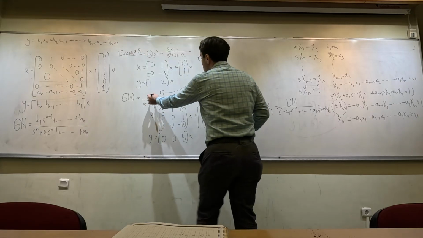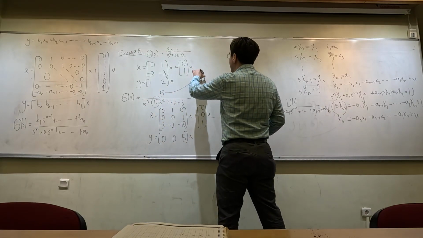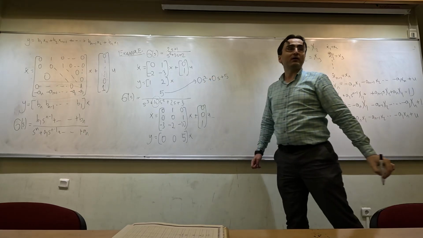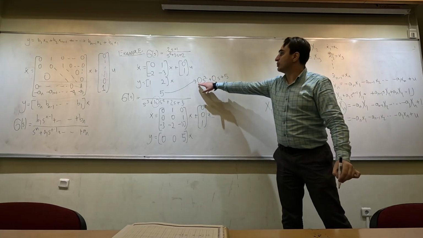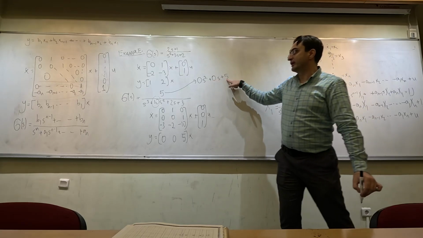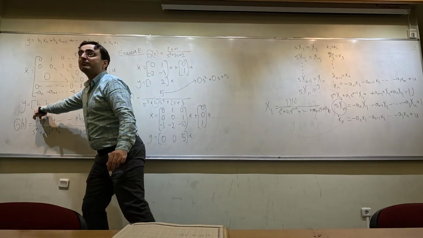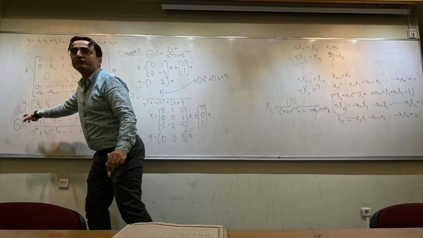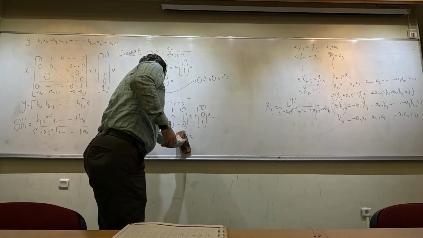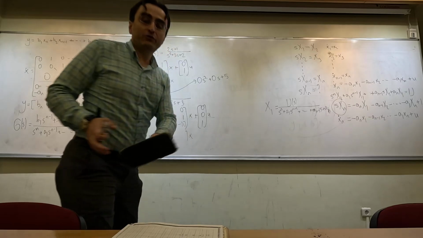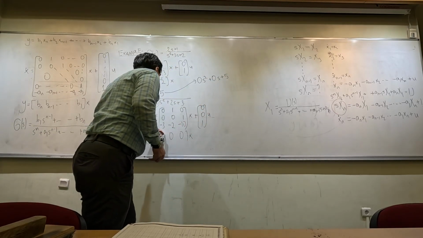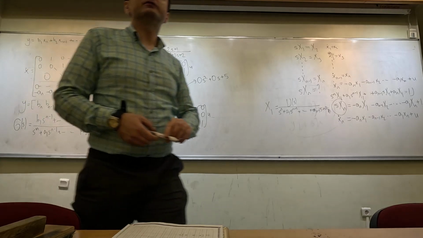So this numerator is actually 0 times s squared plus 0 times s plus 5. So you have to consider this one as B1, B2, and B3 here. We see that B3 should come at the beginning of this vector. So what should be this vector now? It should be the B coefficients in reverse order: 0, 0, 5.